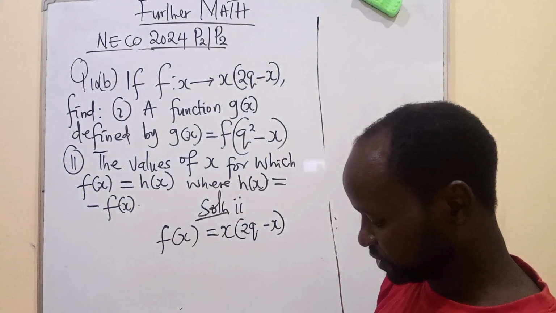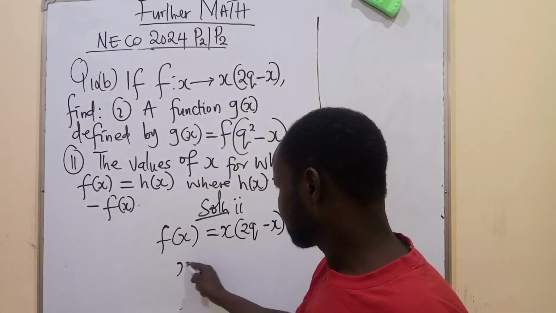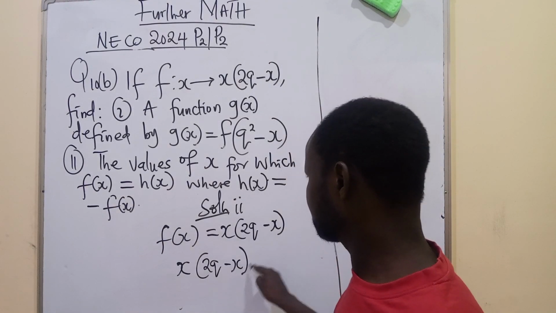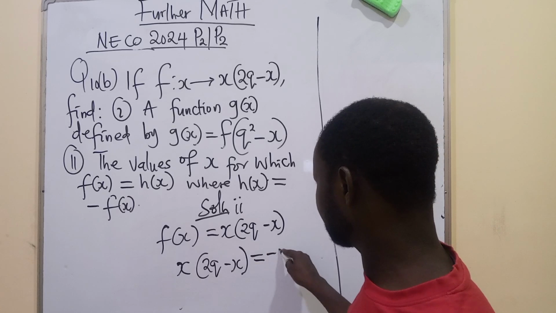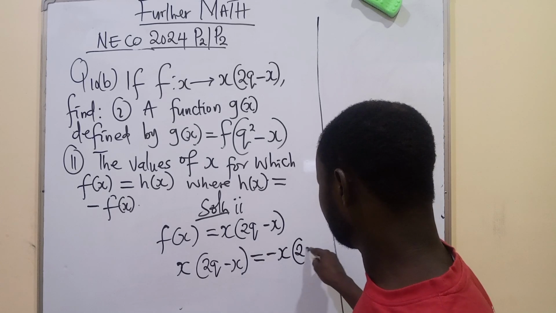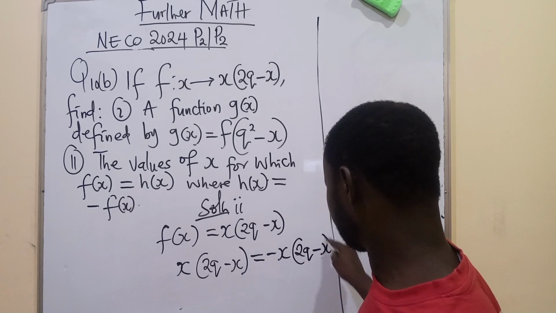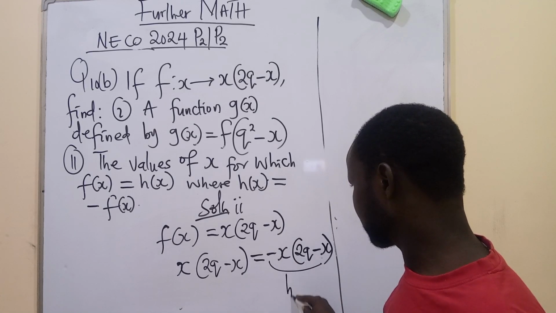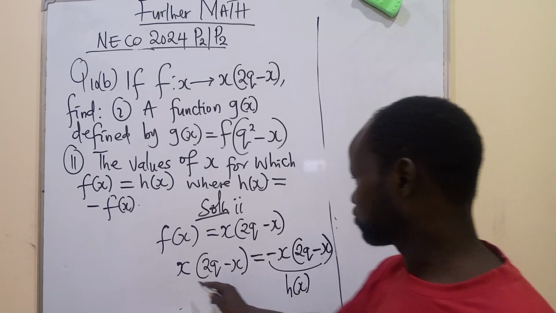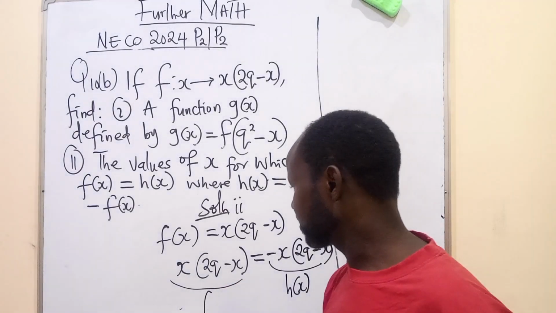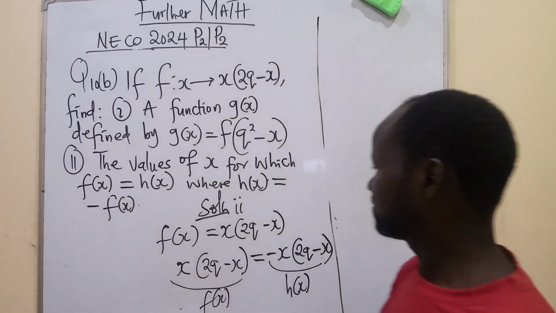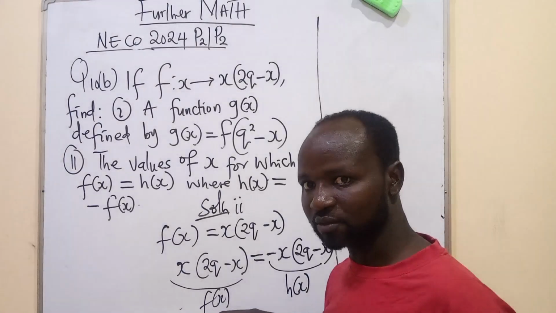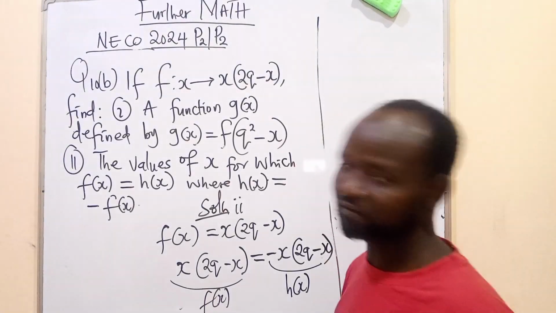So in other words, x times 2q minus x will be equal to minus x into 2q minus x. The whole of this is our h of x, and the whole of this is our f of x. Okay, because we are told that h of x is when we take the negative of f of x.